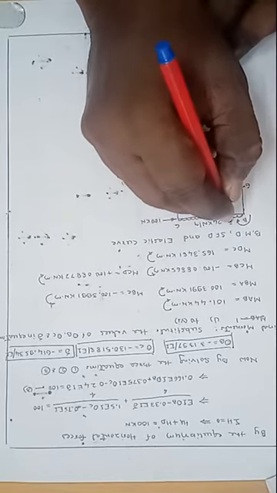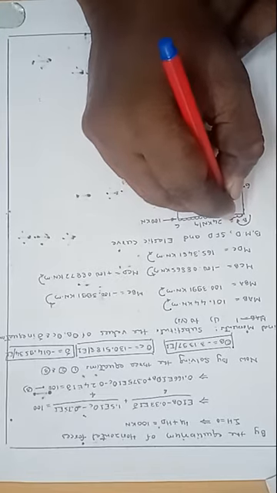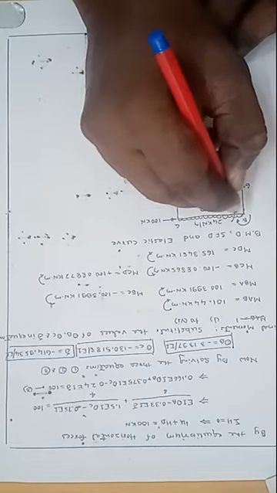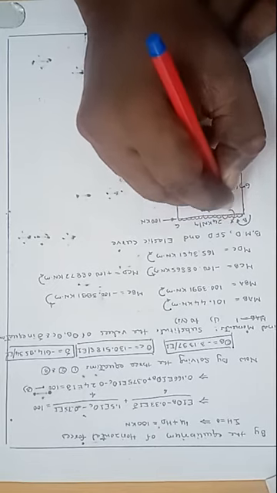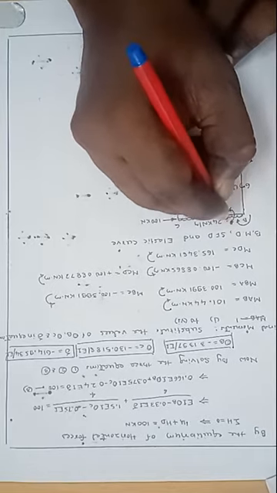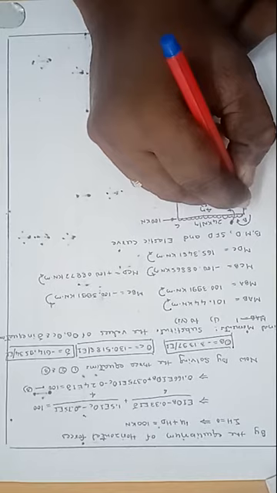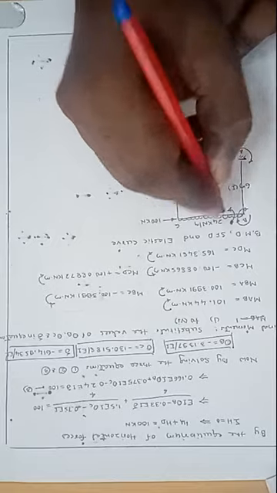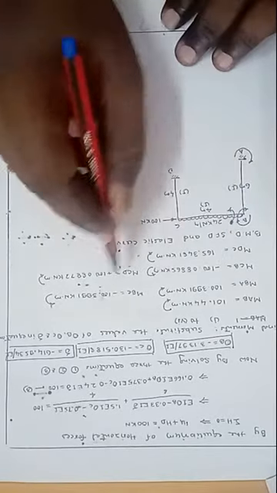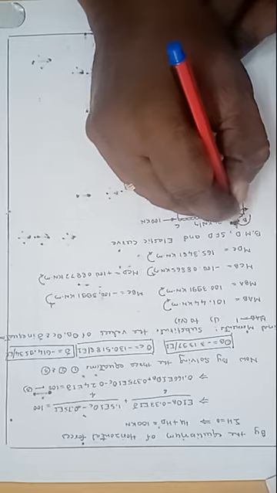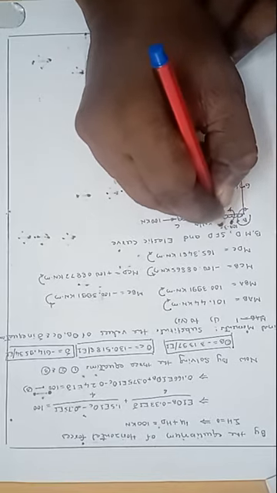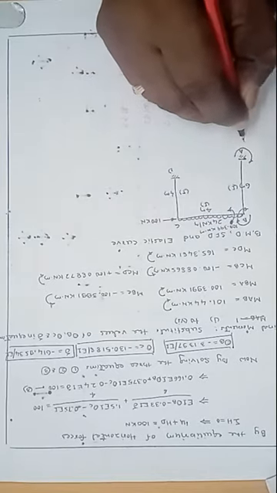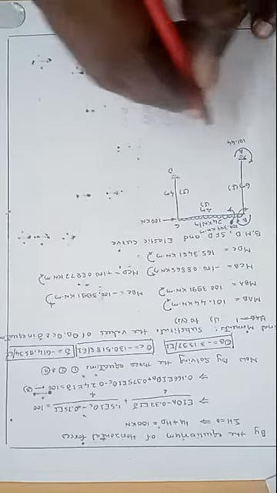Here MBC is minus 100.399 kilonewton meter, that is anti-clockwise. MAB is 101.44 kilonewton meter.